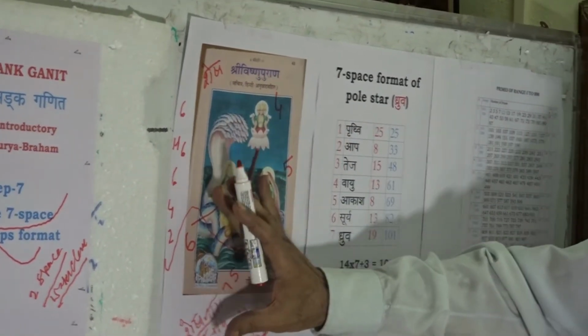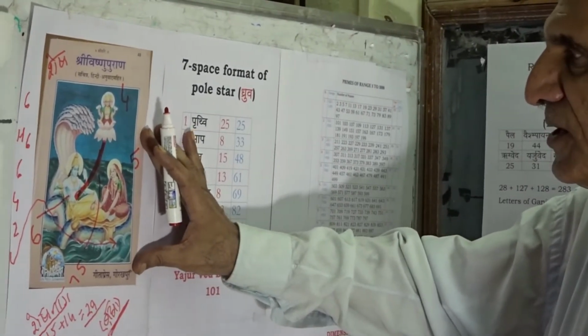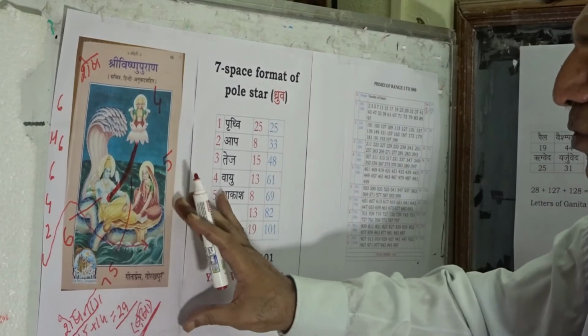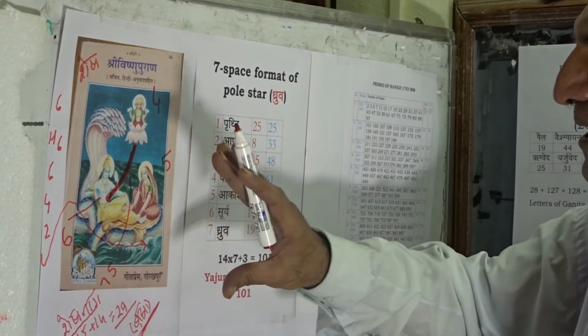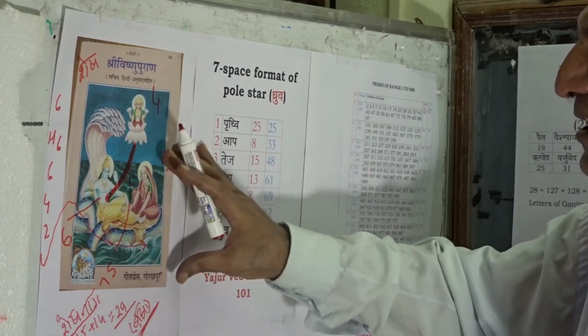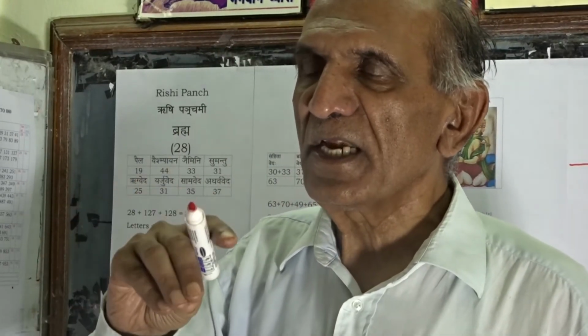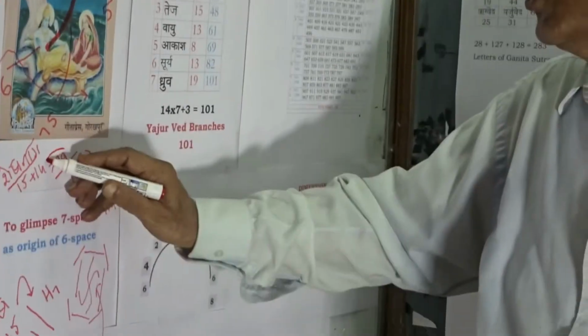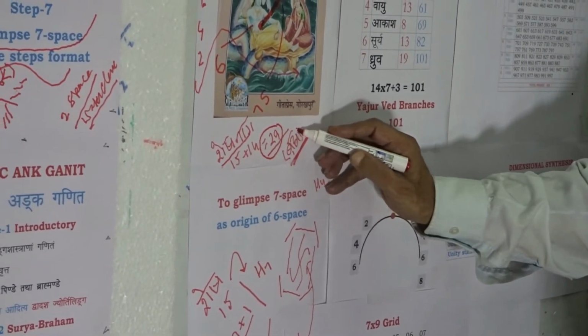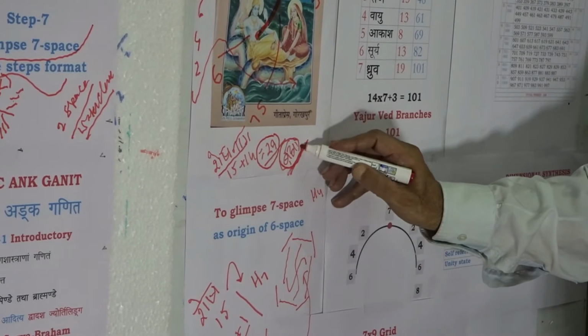Therefore, entire format of manifestation, including 7 space in the role of an origin, is a manifestation within creators of space. Therefore, we have to glimpse chase steps format of 7 space within creators of space as a water bed, as a Sheshnag formulation leading us to TC value 29 parallel to the TC value of formulation Brahma.